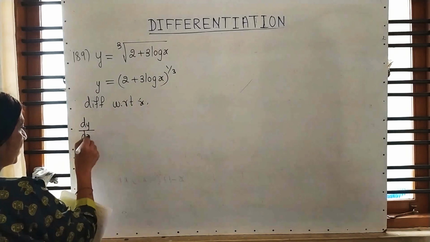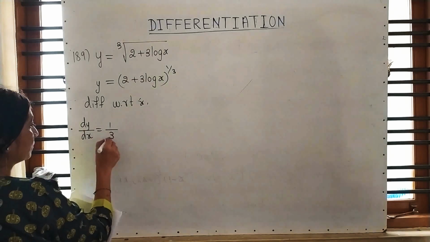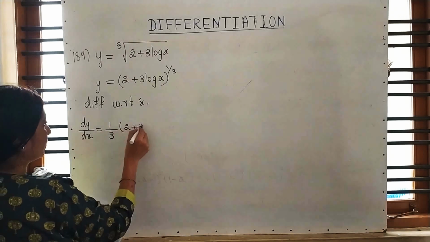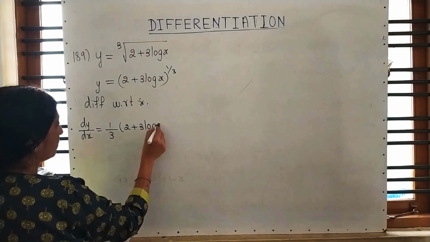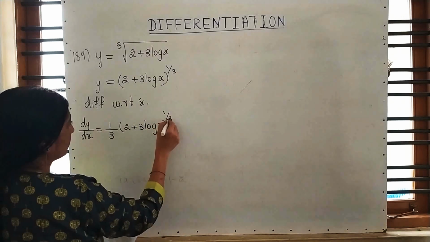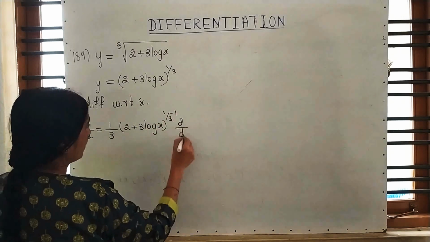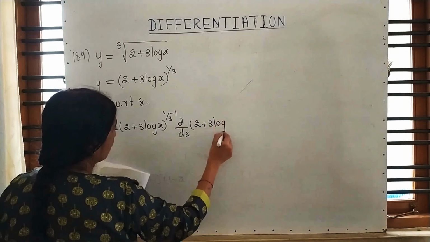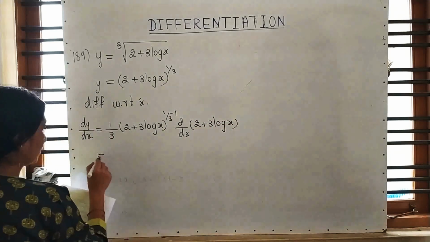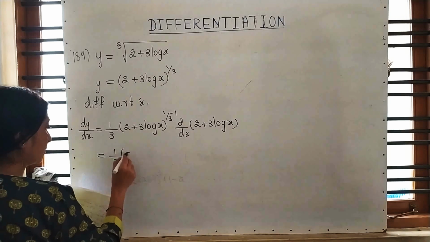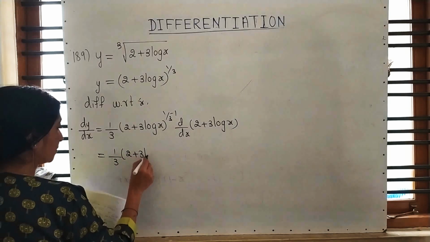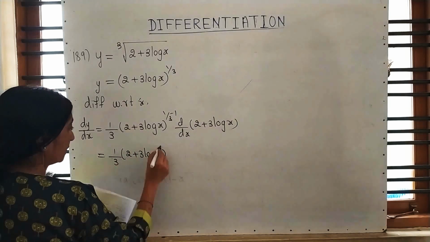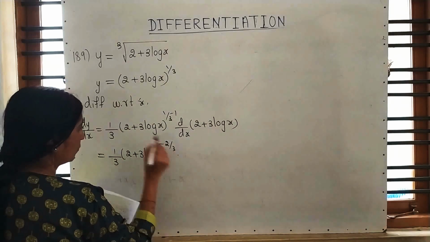First power, then base, raised to minus 2 by 3.